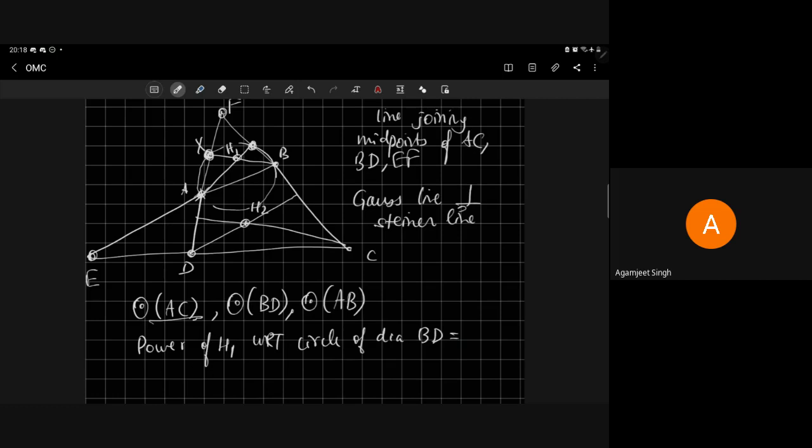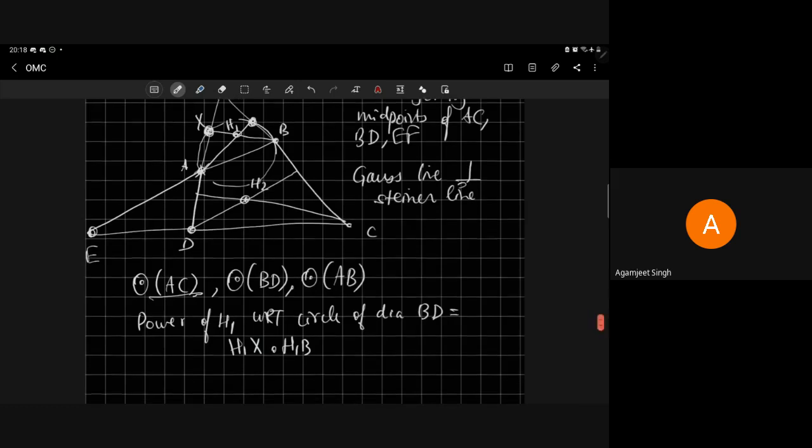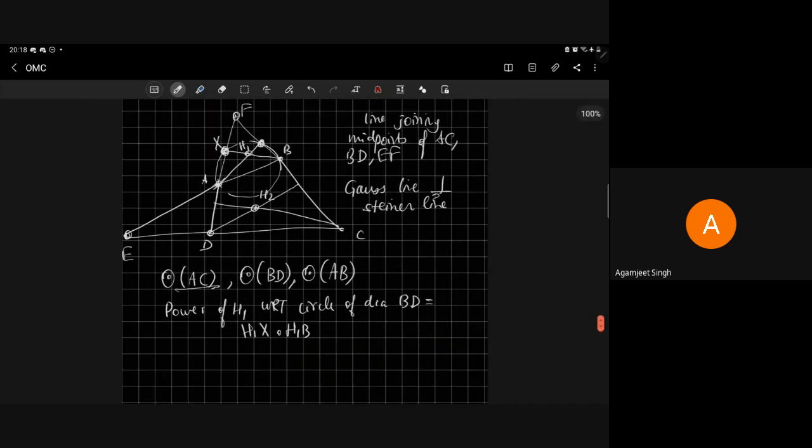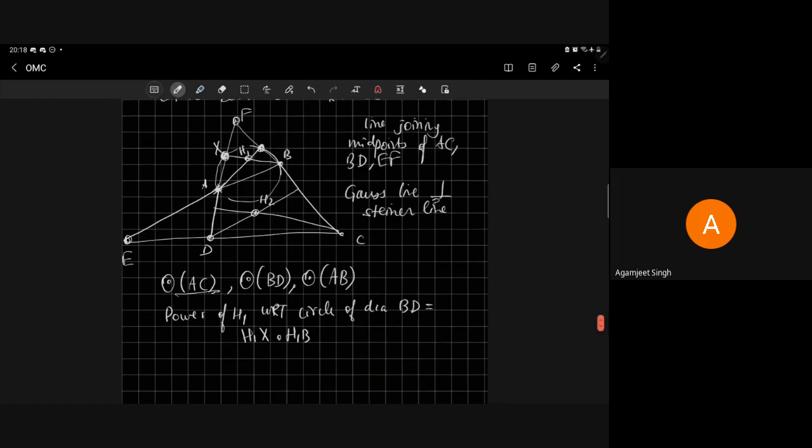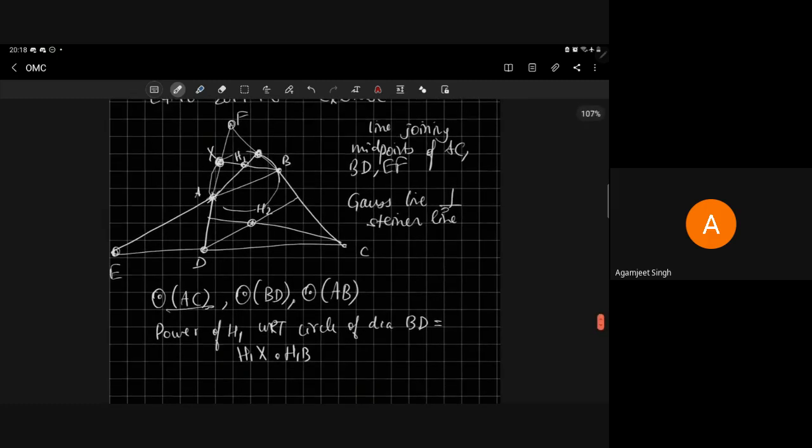It's just H1X times H1B. That's because X lies on the circle with diameter BD. Right? Let me just draw the circle, one second.